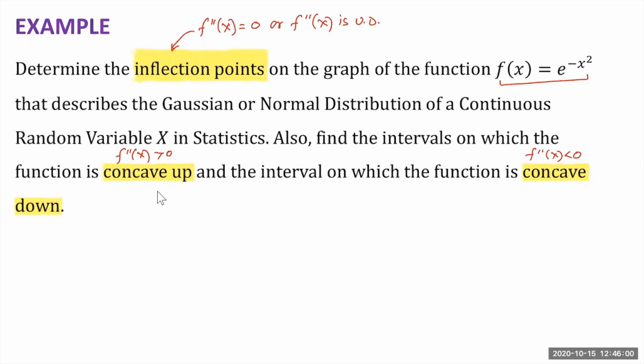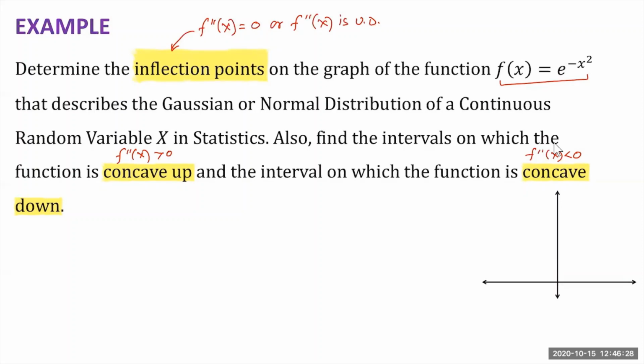So what I'm going to do first is, I'm going to sketch this function so that you'll have clear idea of how this function might look. So I'm talking about the normal distribution. So it should look like the graph of the normal distribution that you have seen in your statistics class if you have taken one. Okay, suppose that vertical line is my y-axis.